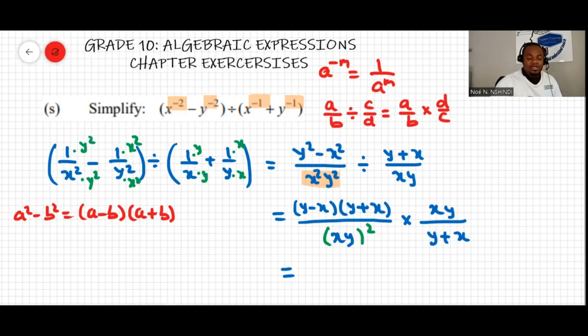We can simplify x plus y and x plus y, which are the same thing, and then one of the xy, because xy squared is xy times xy, so I can cross out one xy, and then the answer is just y minus x over xy.